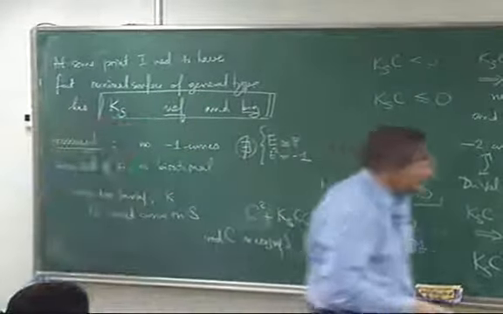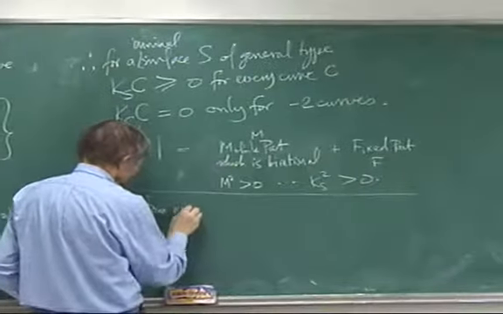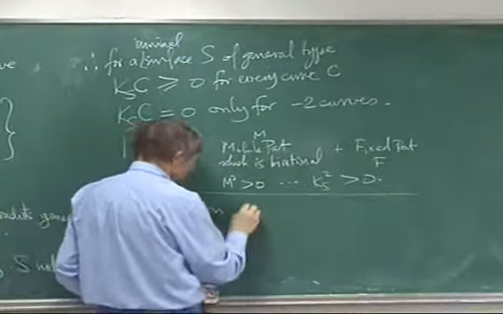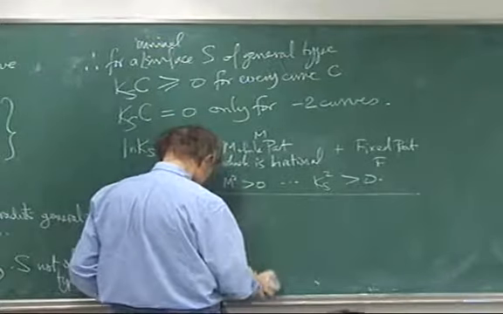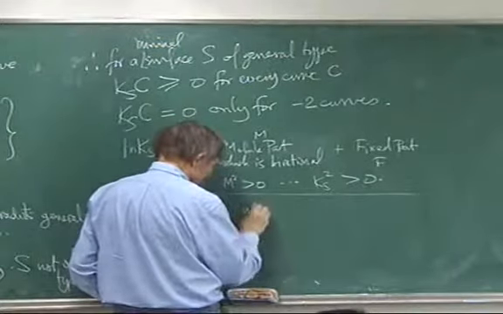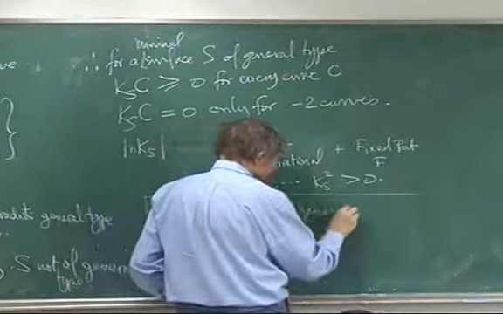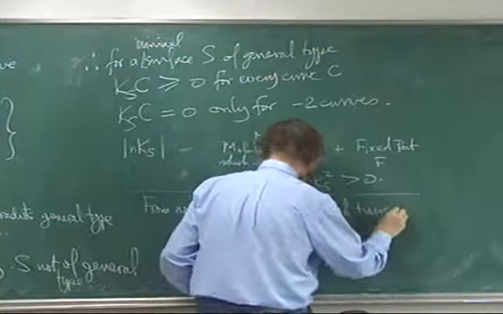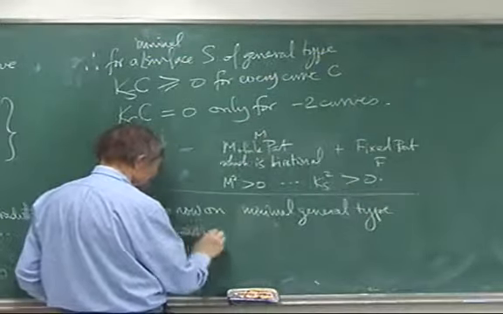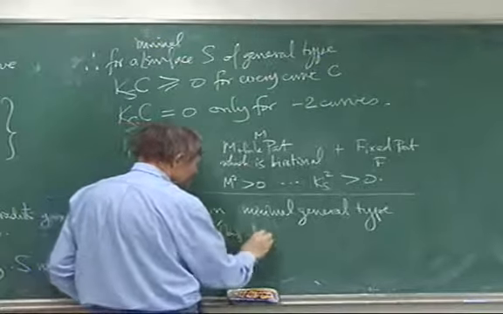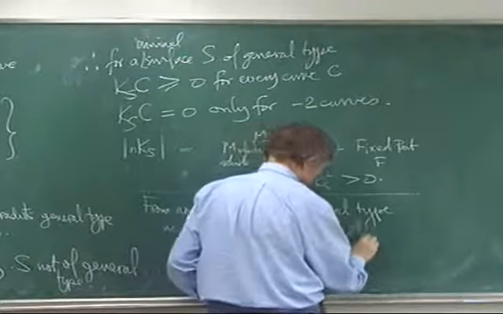So from now on, general type means minimal general type. This means, by definition, Ks is nef and big.